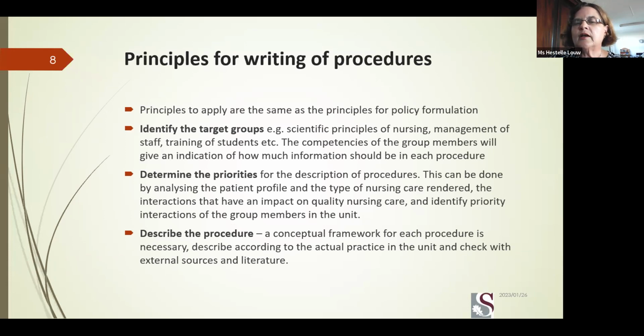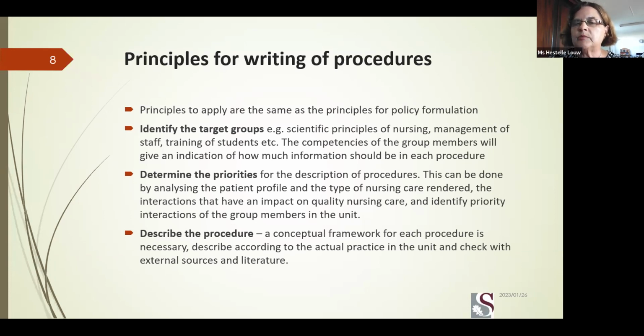If their competencies are very high, but they're not the only people who are going to work according to the SOP, then you can't adjust it only for that group.